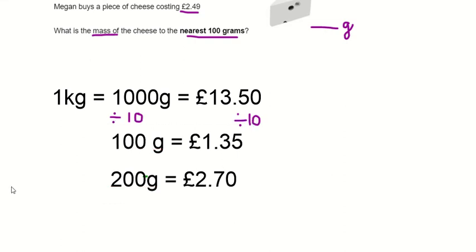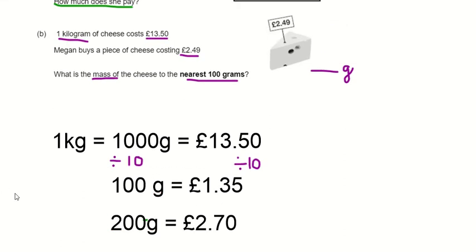Okay, so which amount then is closest to her £2.45? £1.35 or £2.70? That's right, £2.70 is closer. So if I was to round this up to the nearest 100 grams, it would be 200 grams. So therefore my answer is 200 grams.